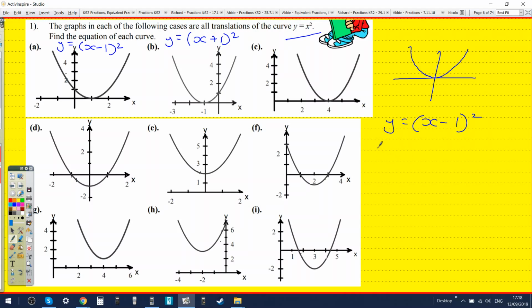Next one, C. Okay, x, and then it would have to be closed brackets minus 1. I'm not too sure. I'm trying to remember what we did in class. It moved 4 to the right. So x minus 4 squared also.